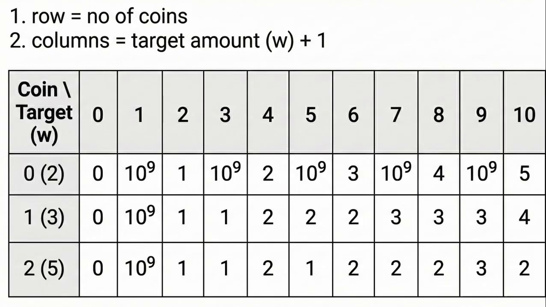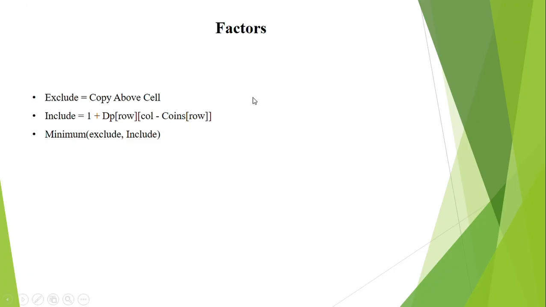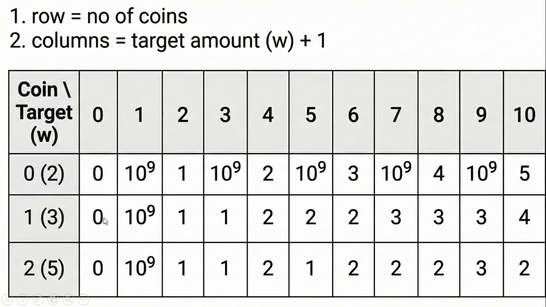Here we are using our previous three factors: exclude, include, and a function which will get the minimum value from exclude or include. Exclude is just copying the above cell. Here if our coin value is greater than our column value, then we use exclude, so we just copy the above cell: 0, 10 power 9, 2.